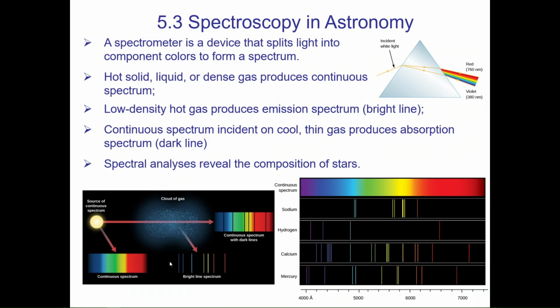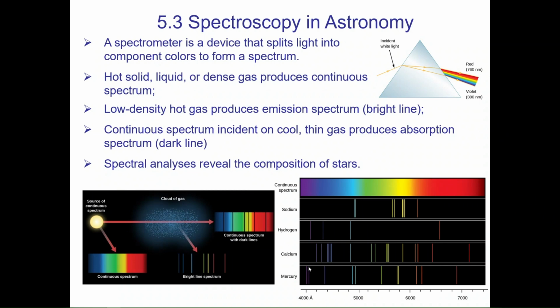And what kind of situation produces an emission spectrum? When the gas is hot but low density, it produces an emission spectrum. It's like a neon light. The glass tube, filled with very low density gas molecules, can produce the emission spectrum. Here you can see emission spectra of different elements.